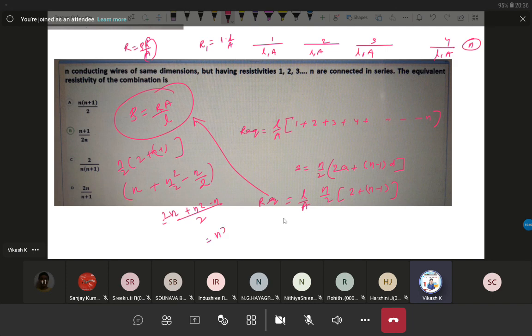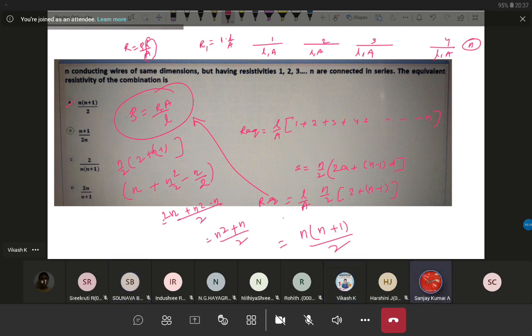So finally what will I be getting? N square minus n by 2. Sorry, plus n, because 2n minus n will be plus n, no? Yes or no? From this, if I take n as common, what will I get? N plus 1 by 2. Is it any of these options?